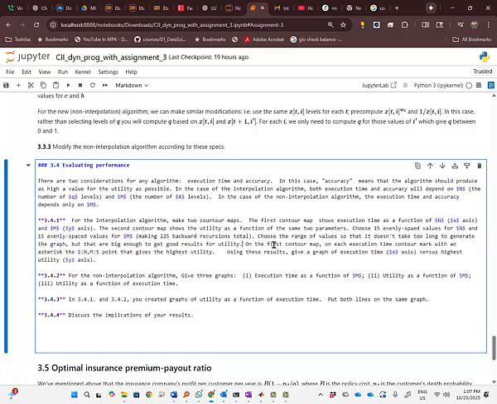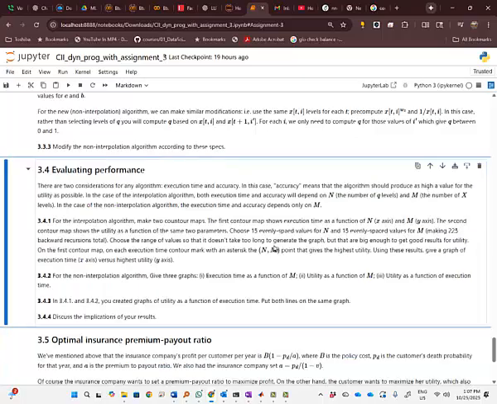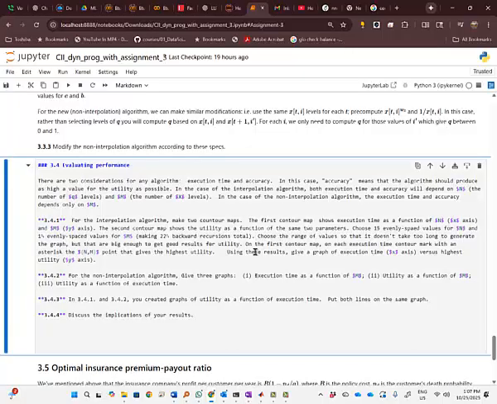You do want to get good results for your utility. If you just have values of m and n that are too small, you're going to get junk values. You don't really want to deal with that.